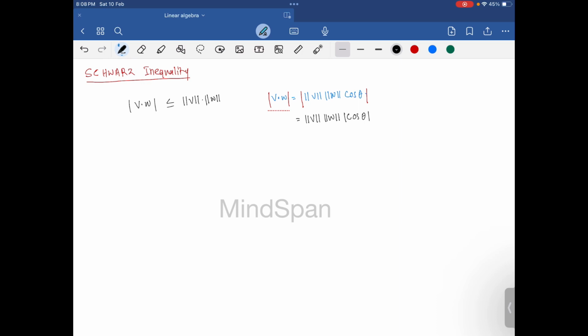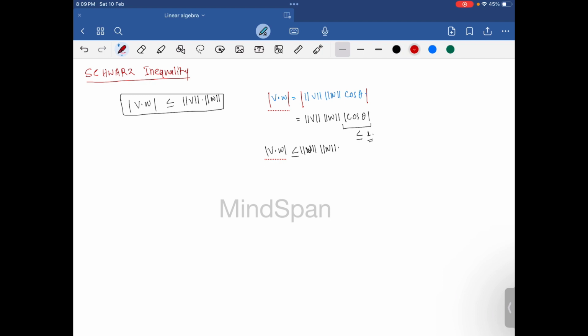And we know that this value is less than or equal to 1, right? So we can say that the absolute value of this dot product will be less than or equal to the length of v and the length of w, right? So this is the Schwarz inequality.